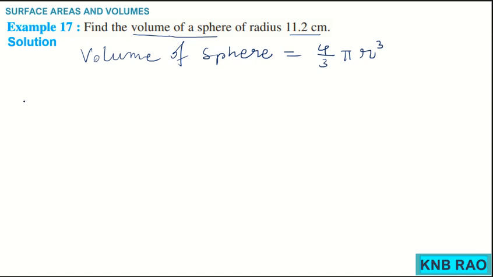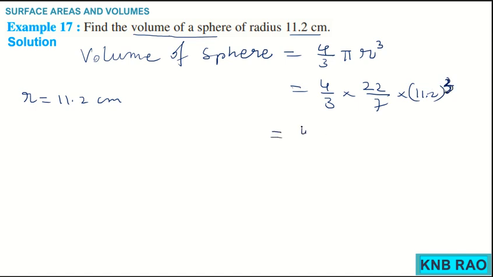We are given radius as 11.2 centimeter. Just by substituting the value of r in this formula, we will get the volume. So, 11.2 whole cube.